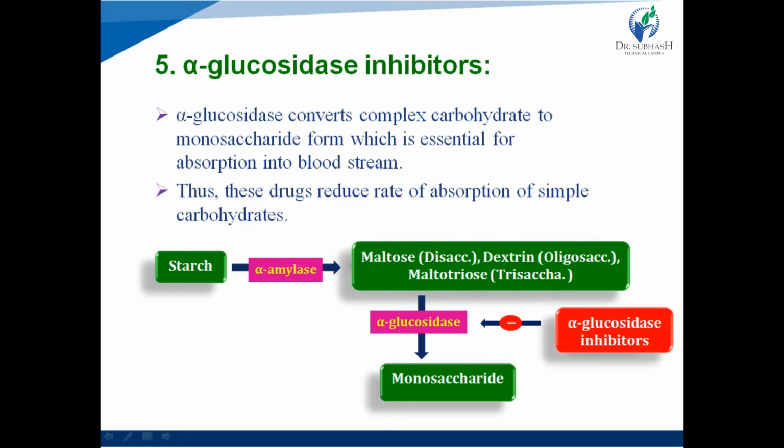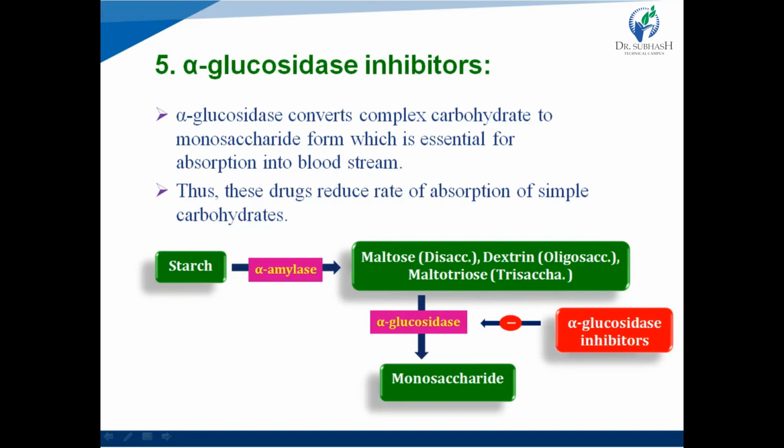Fifth class is alpha glucosidase inhibitors. The only form in which glucose is absorbed into our bloodstream is its simplest form, which is monosaccharides. Starch, with the help of alpha amylase enzyme, is converted into disaccharides, oligosaccharides or trisaccharides, meaning maltose or dextrin or maltotriose.